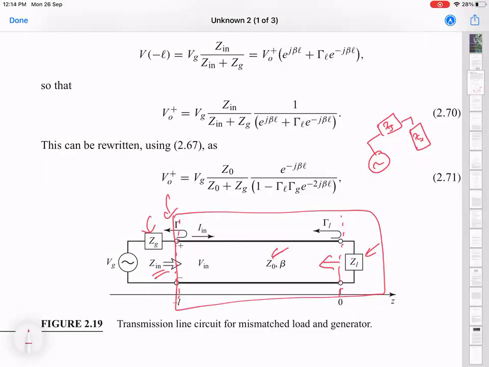But an overall phase of this type has no significance on how it's going to interact with the load. So you can just ignore that overall phase.